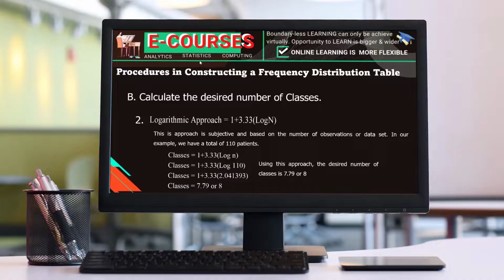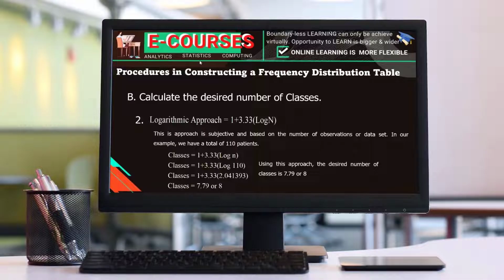The second approach is the logarithmic approach. The formula is 1 plus 3.33 multiplied by the logarithm of n. The 1 and 3.33 are constants. This approach is based on the number of observations in the data set. In our example, we have a total of 110 days.